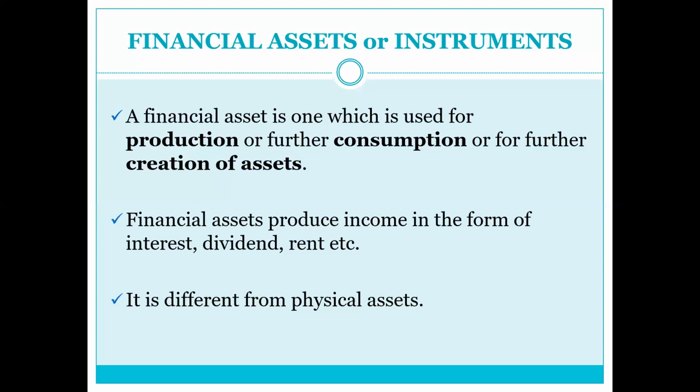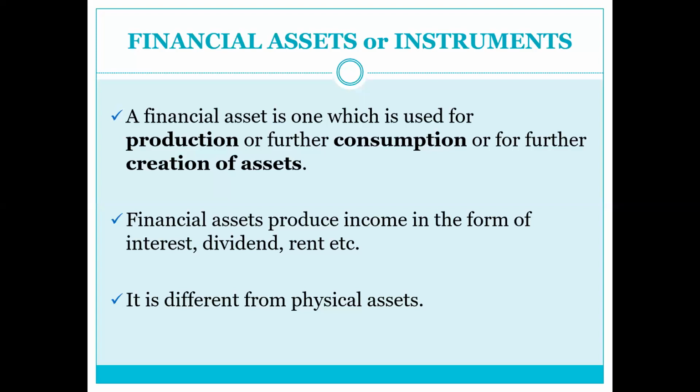Another example, you bought a car. You're going to use it for your own personal use. Then it will be considered as a physical asset. If you're using that car on a hire basis, like you're using it as a taxi, and you're going to let people use it on a rental basis, in that case you're going to generate an income out of that asset, which is your car.